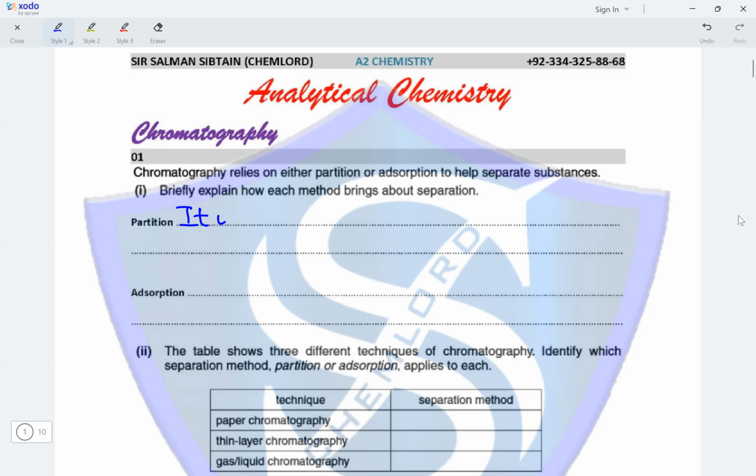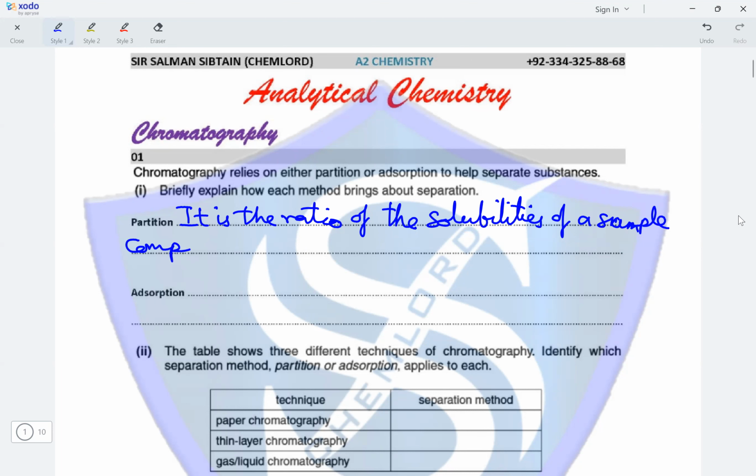It is the ratio of the solubilities of a sample component in the stationary and mobile phases.